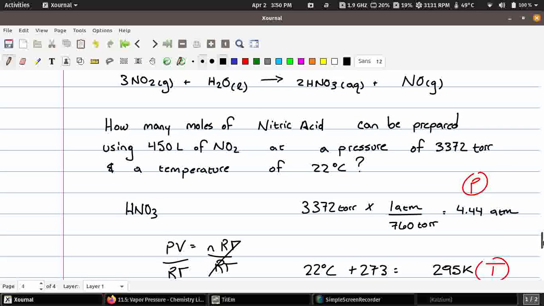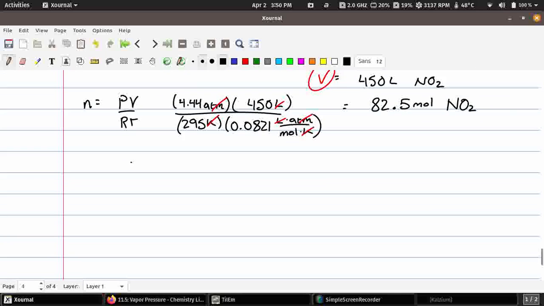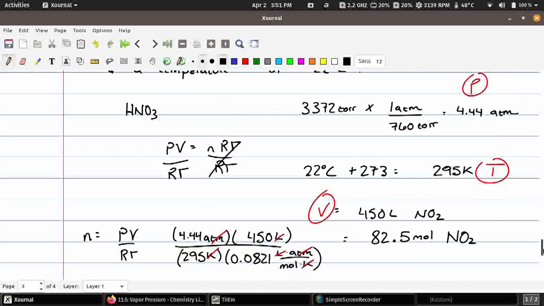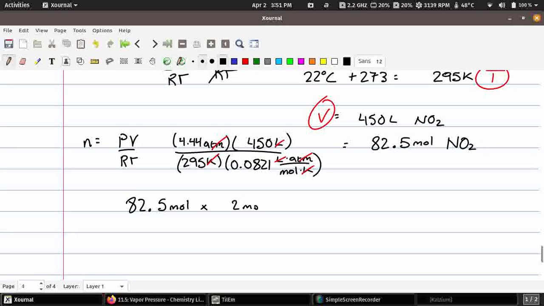So we have to figure out how many moles of nitric acid can be prepared using that many moles of NO2. This is when you do your stoichiometry. 82.5 moles times, and we go back to the equation, 2 moles of HNO3 divided by 3 moles NO2.